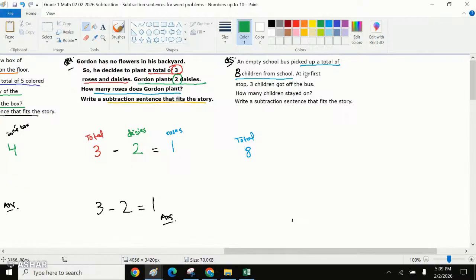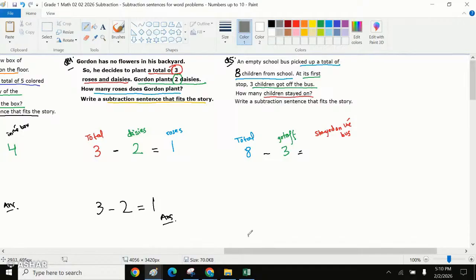At his first stop, 3 children got off the bus. So got off would be 3. So how many are left on the bus? Or how many children stayed on the bus? We know that 8 minus 3 would be equal to, how can we do this?